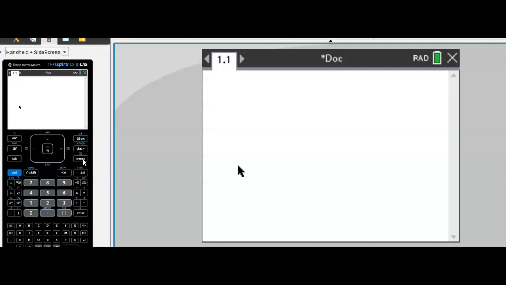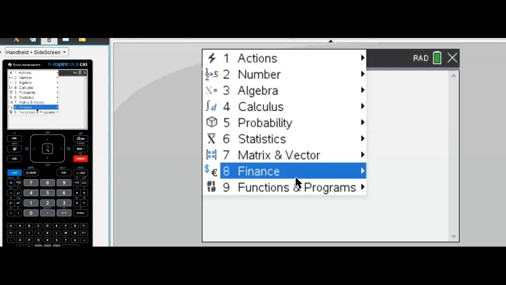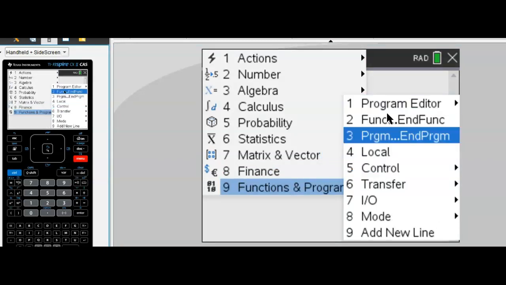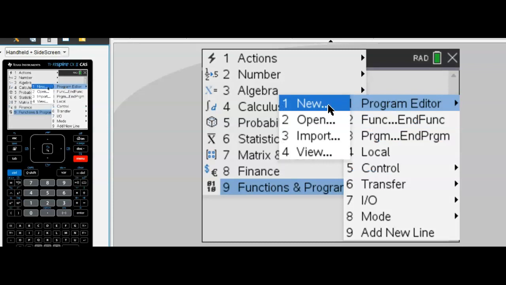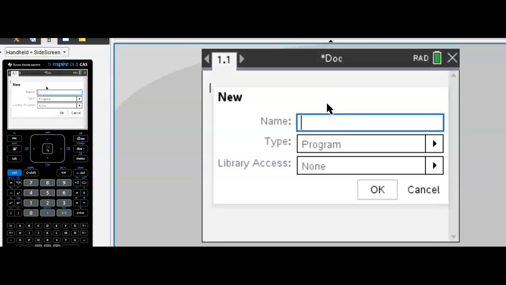So following these steps, menu, functions and programs, program editor, and we just want to go to new. Okay, so your name of your function, we don't want to overcomplicate it. Now with the area of the triangle, because there's three types, you've got to kind of think, well, what can I remember?